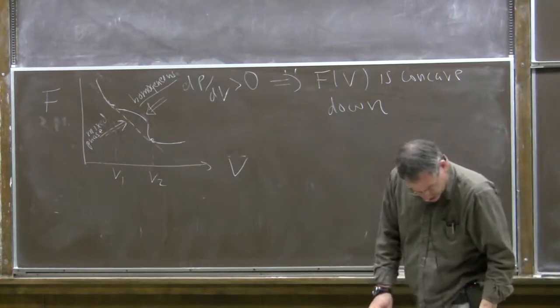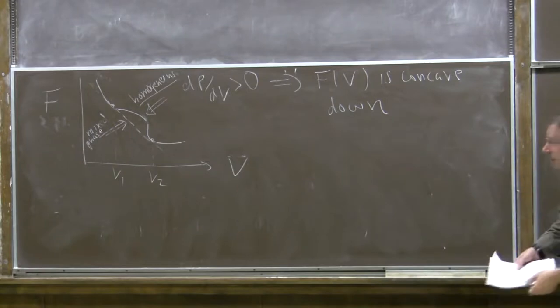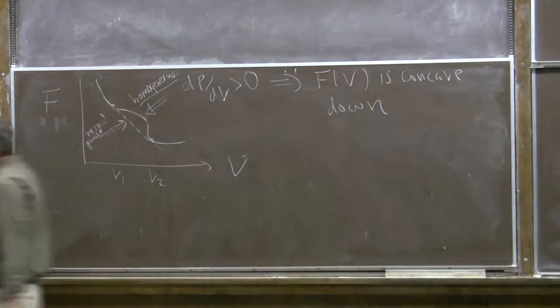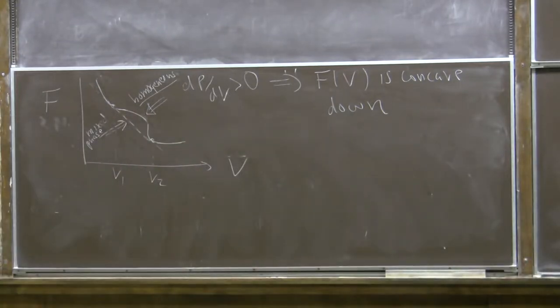So that picture enables us to see how we should pick the pressure, how we should interpret this minimal free energy state described by this isotherm. So I claim we should do the following thing.